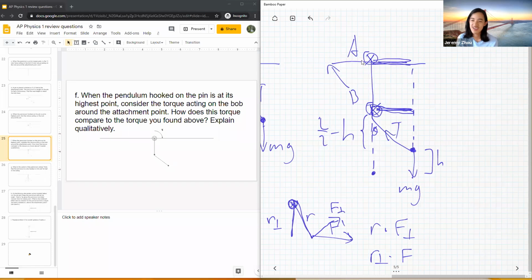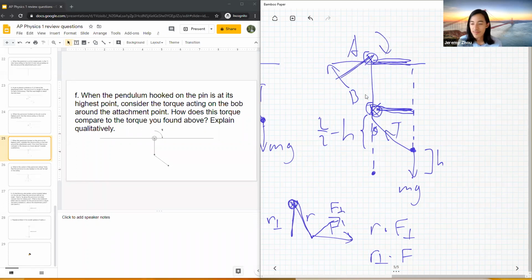You can imagine taking this tension force and using this lever arm here. I don't want to calculate it, but we know that this is negative torque, assuming this direction is positive.